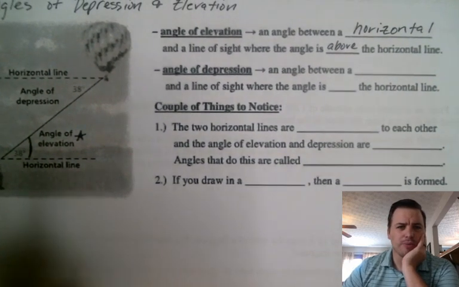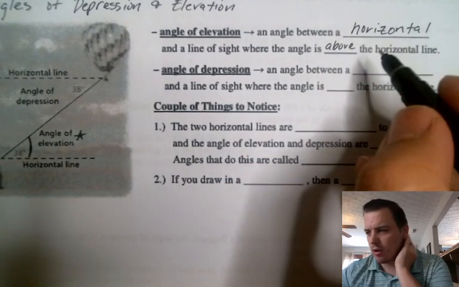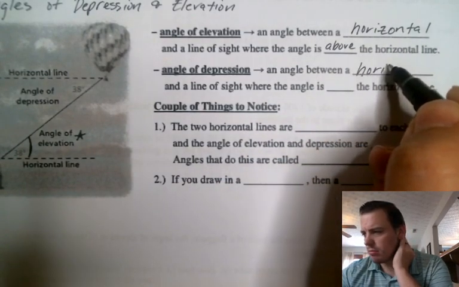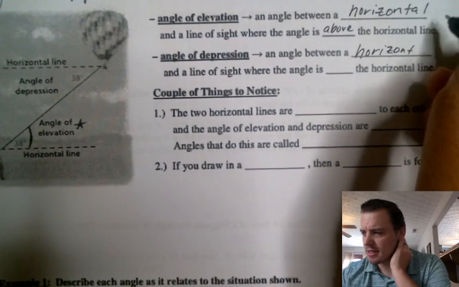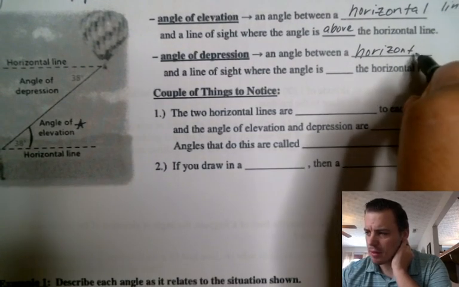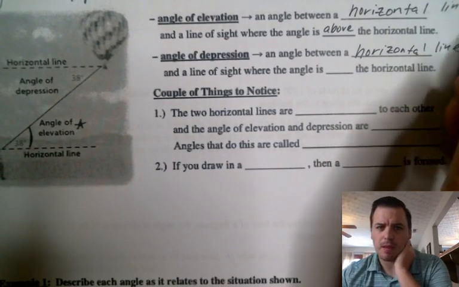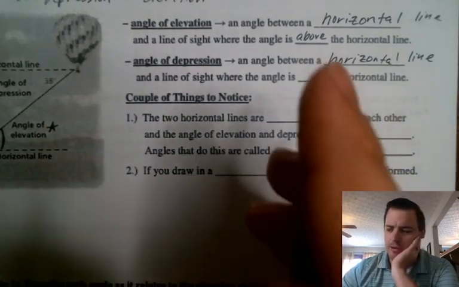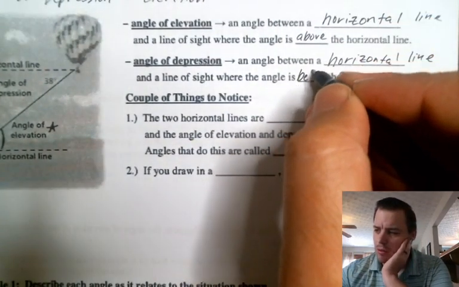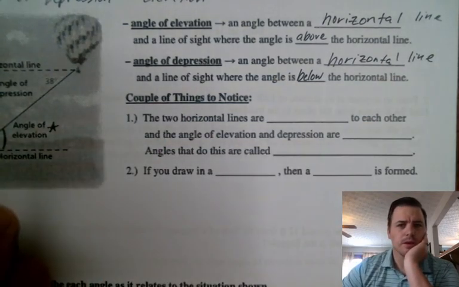The angle of depression is an angle between a horizontal line up here and a line of sight where the angle is below the horizontal line.